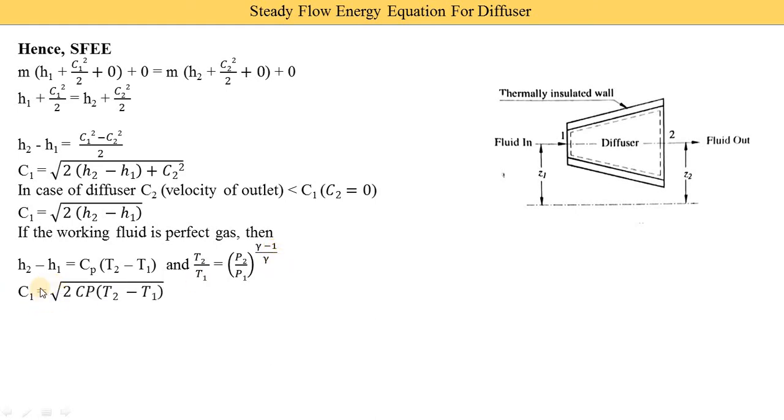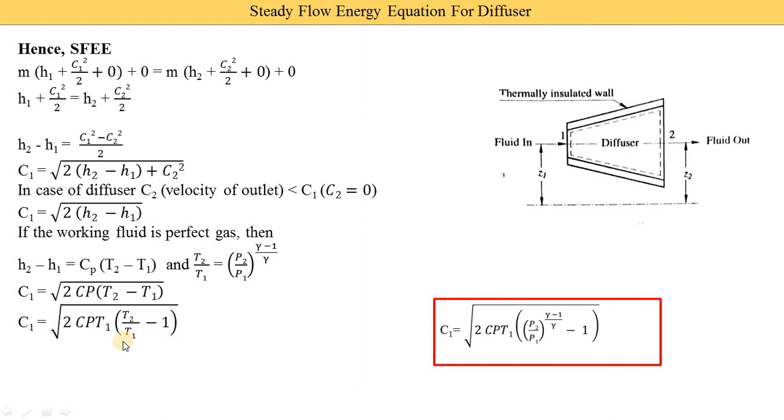So here you see that this h2 minus h1 is replaced by cp times t2 minus t1. From this bracket of t2 minus t1, we take t1 common. So here 2 cp t1 times t2 upon t1, because we take t1 as common, then minus 1.